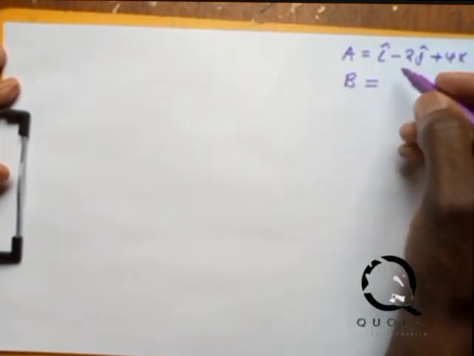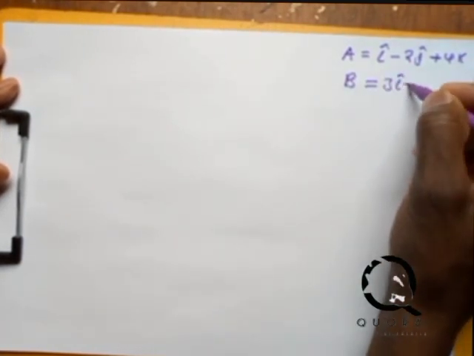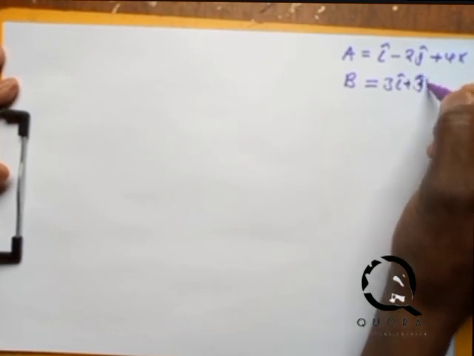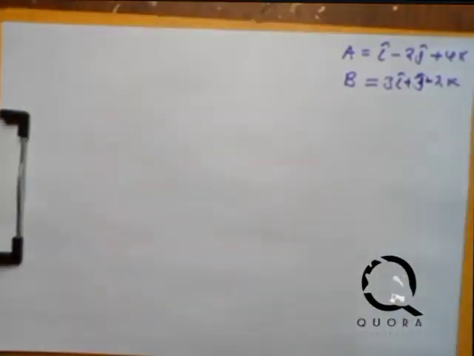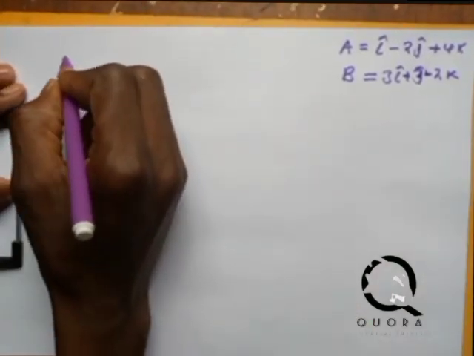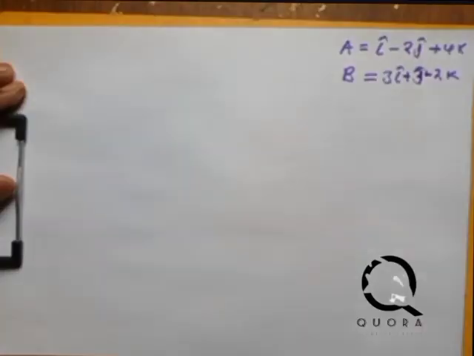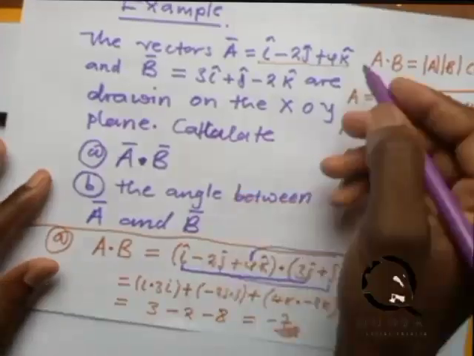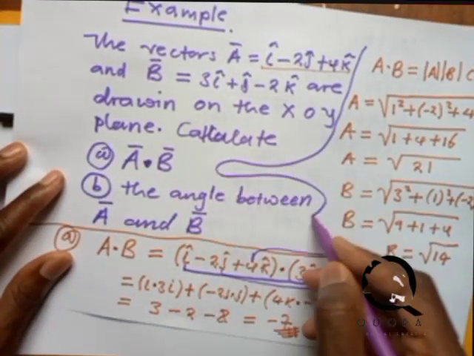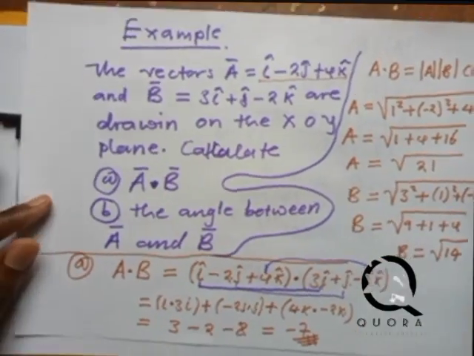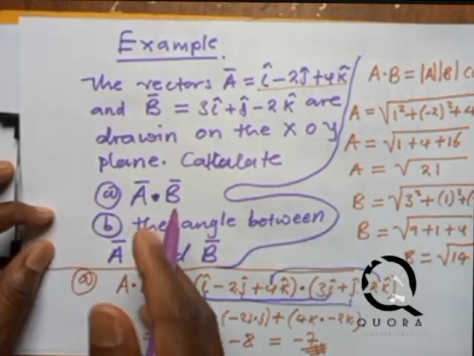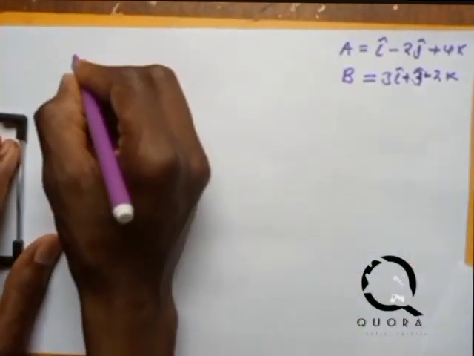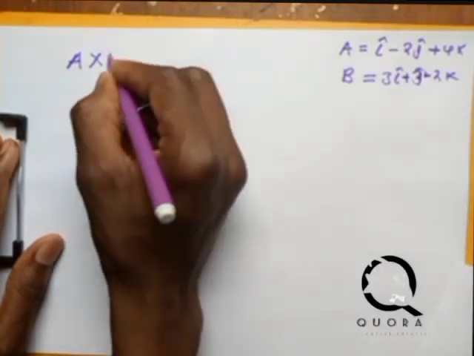Vector B, we have 3i plus j minus 2k. So based on the same question which I'm using here as my example, they can also ask you a question to say, can you calculate A cross B?